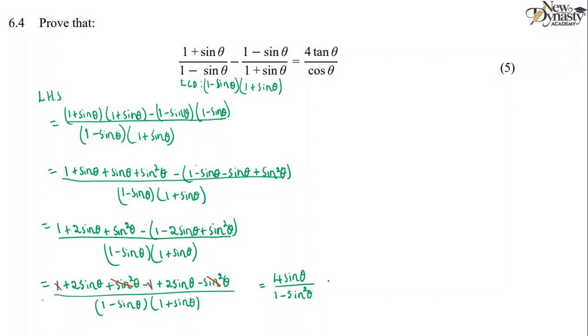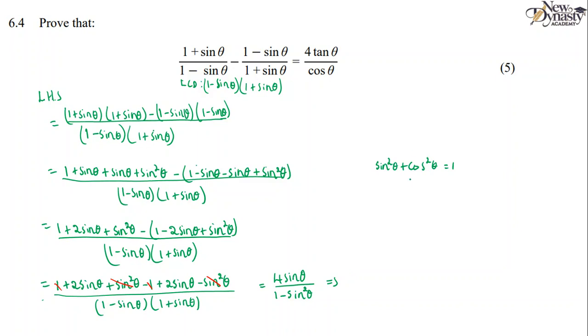From here, we need to work towards the right hand side, yes. Again here, our identity, I'm going to write it again. Sine squared theta plus cos squared theta is equal to 1.